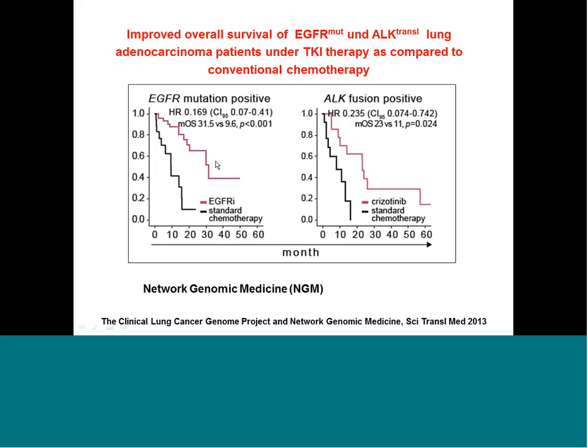The argumentation was, okay, these mutations are prognostic, so you select out only those tumor patients that have a better prognosis, and then you treat them and think it's your treatment.